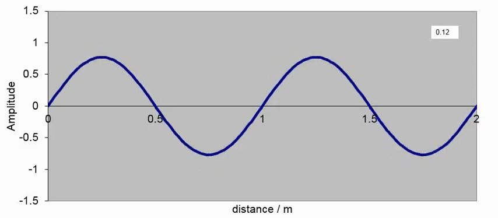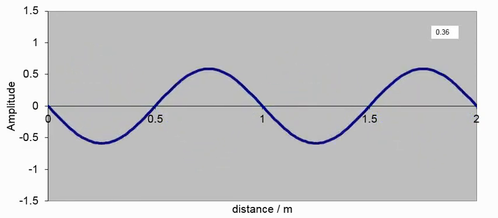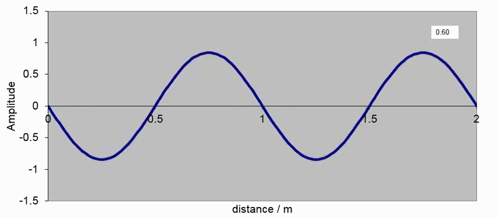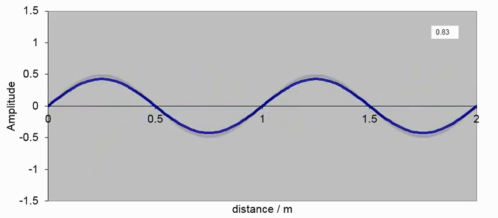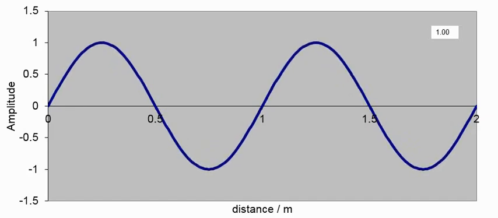Notice that the wave changes its amplitude with time. I wonder how long it's going to take for the wave to return back to its original position. Almost there. There it is. It looks like it took 1 full second for the wave to go from where it started back to where it came.